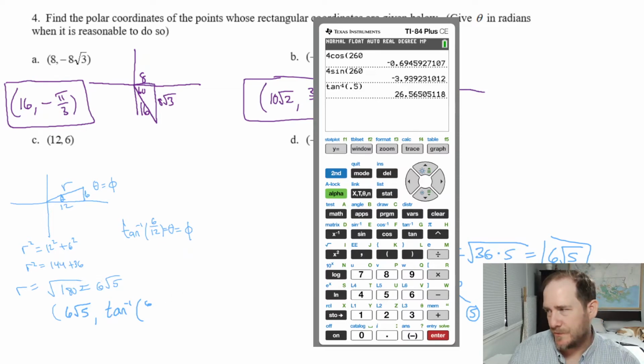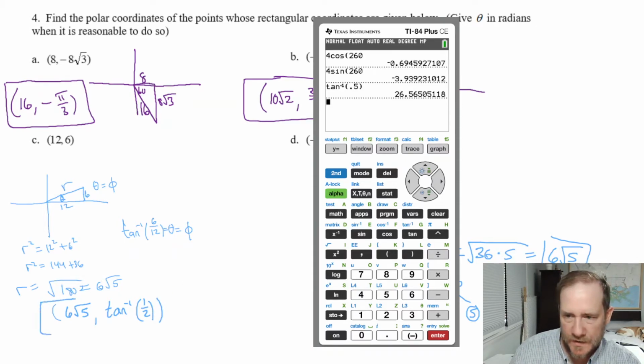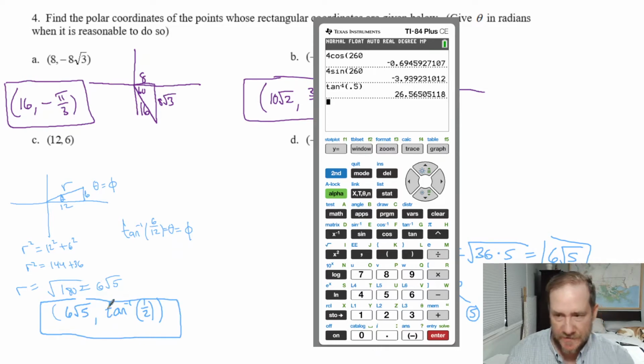Not as 6 over 12 though, 1/2. So now you've got your radius covered and your angles covered, but you're giving the angle exact instead of rounded off. Again, you're not going to have a calculator, so you won't be able to give me the 26, which I'm realizing was completely in the way as I tried to do part B.